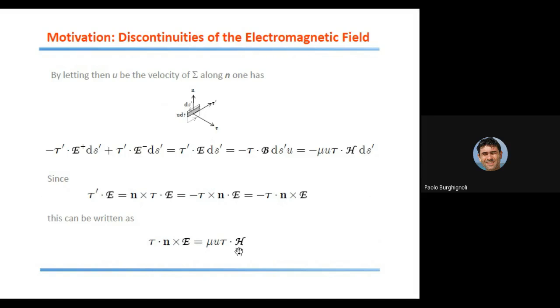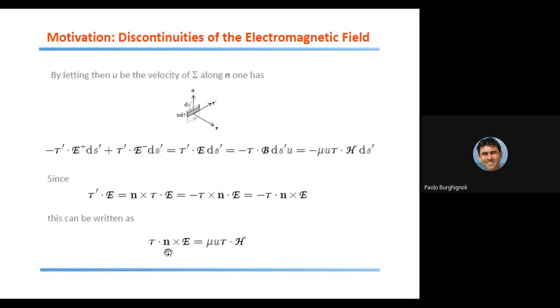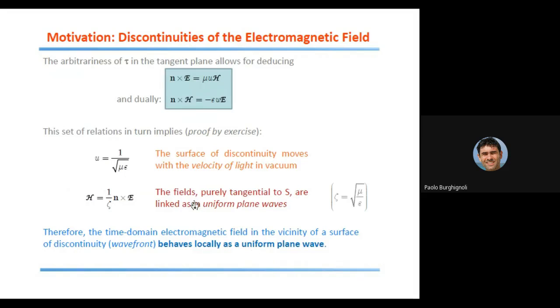H. Now, again, tau was an arbitrary unit vector in the tangent plane, so this relation must be true for any choice of tau in the tangent plane, and therefore you can get rid of tau dot and simply write this in the form n cross E is equal to mu u H, as is written here.